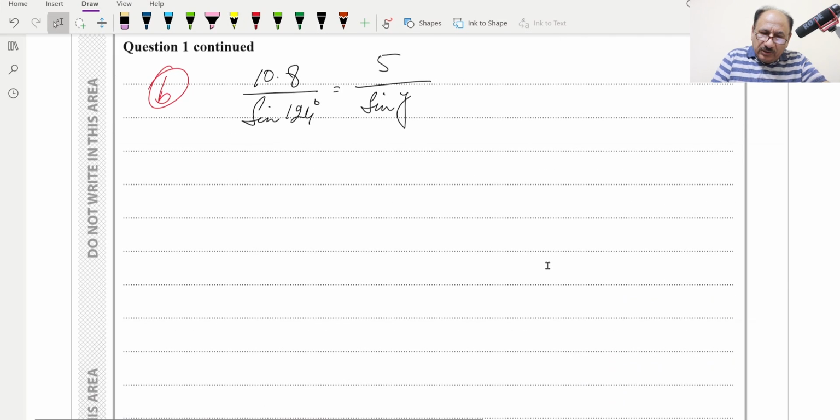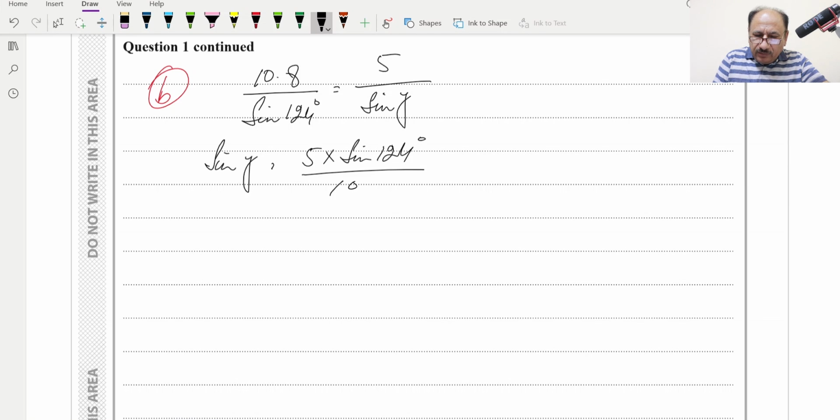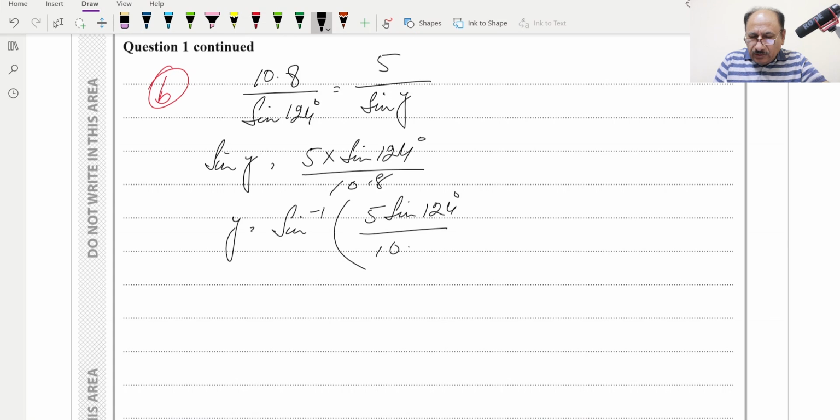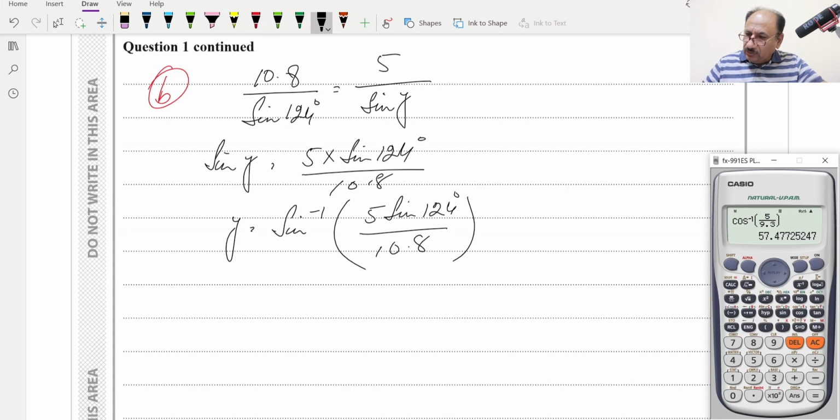From here we can find sine y. So sine y will be equal to 5 multiplied by sine of 124 degrees divided by 10.8. Now y will be equal to sine inverse of 5 sine 124 degrees divided by 10.8, and this we can calculate.